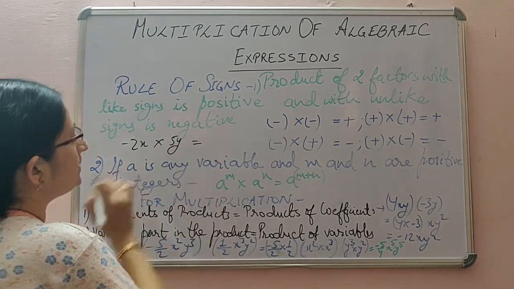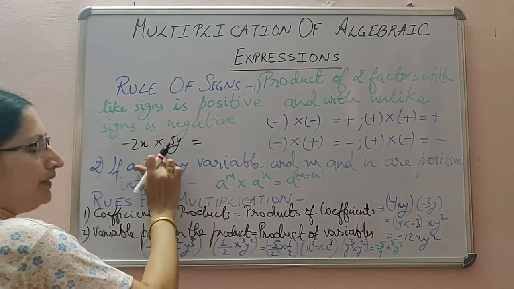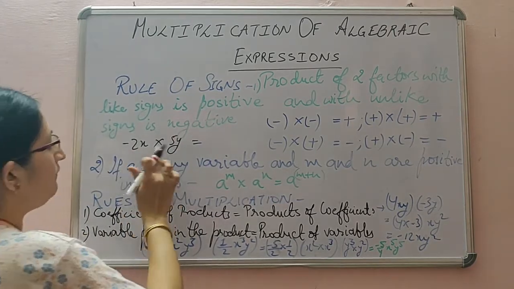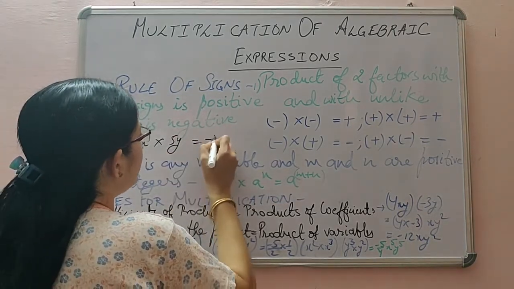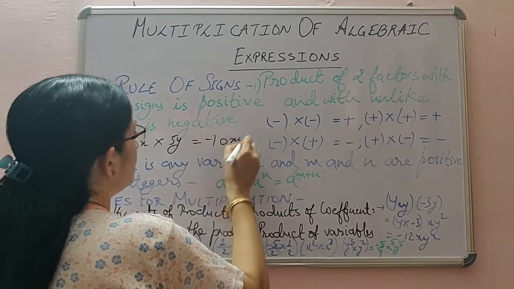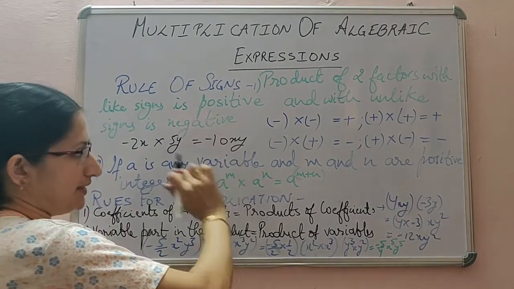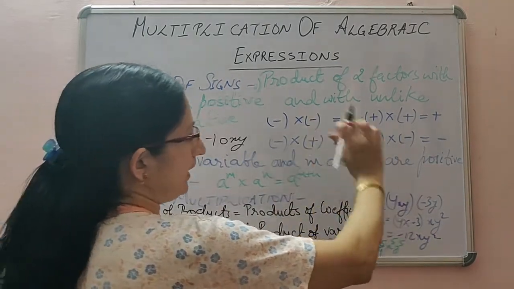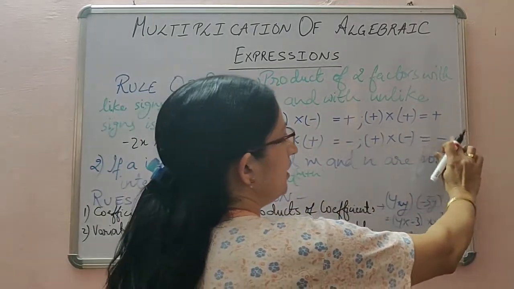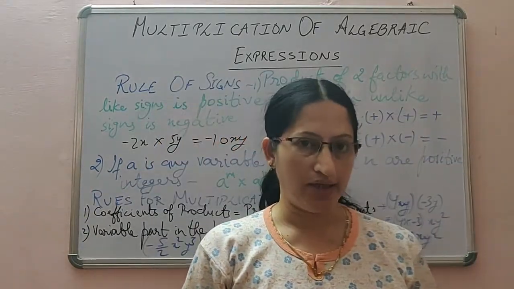So what will be the result? Result will be minus into plus I am doing. So result will come as minus 10xy. So you see, minus into plus will be equal to minus. Minus into plus is minus, and plus into minus is also minus.